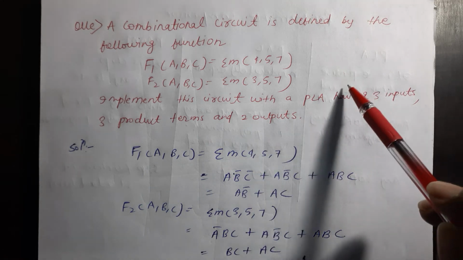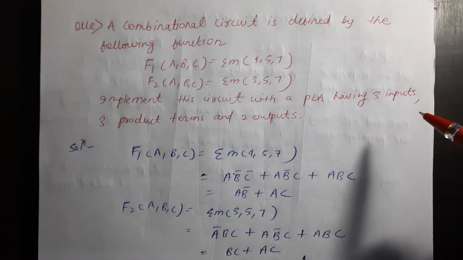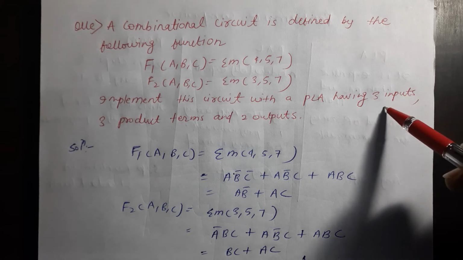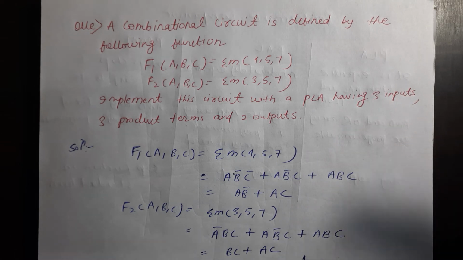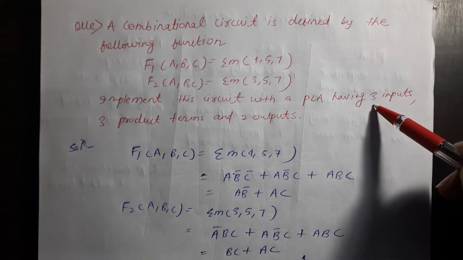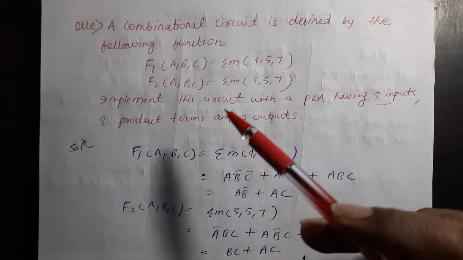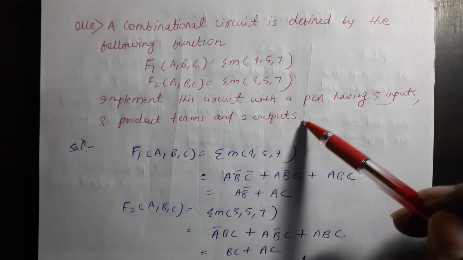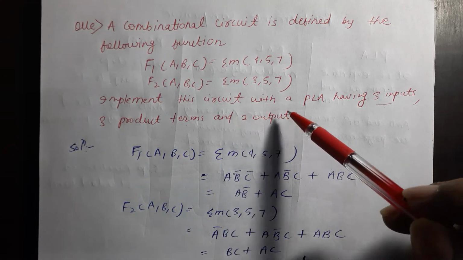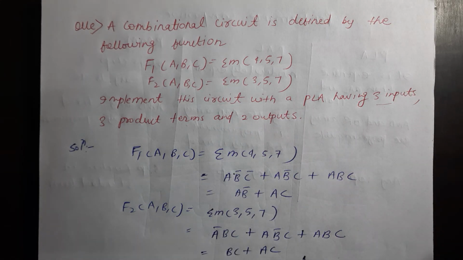So according to this question, because there are 3 inputs, 3 buffers or inverters will be needed, then 3 product terms means 3 AND gates will be needed, and 2 outputs means 2 OR gates will be needed.